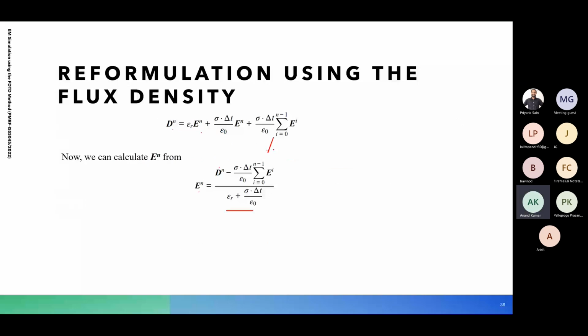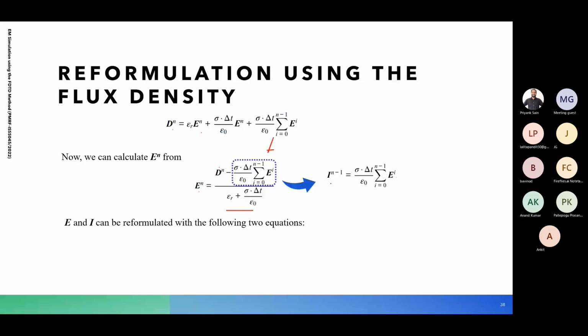Now we use a change of variables and we express this in terms of I_{n-1} equals the sum of E^i for i from 0 to n minus 1. After replacing this, we can rewrite it as I_n equals I_{n-1} plus the previous value.